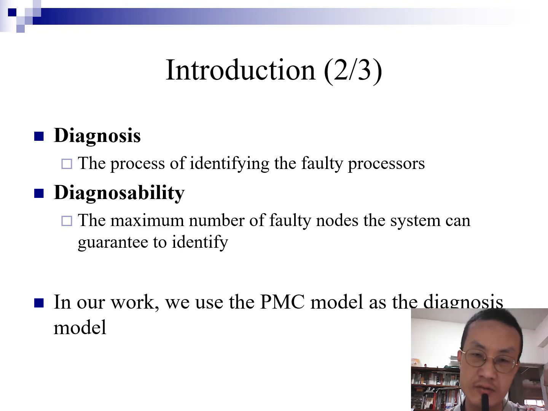Then we need to evaluate the diagnosis of the system, which is the diagnosability, which is defined to be the maximum number of faulty processors the system can guarantee to identify. These two terms are very important.